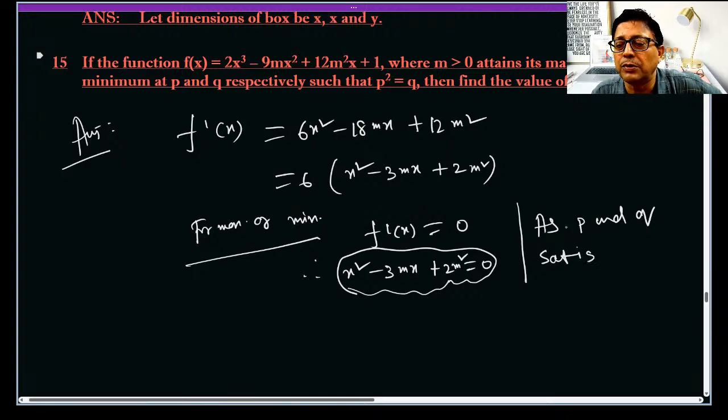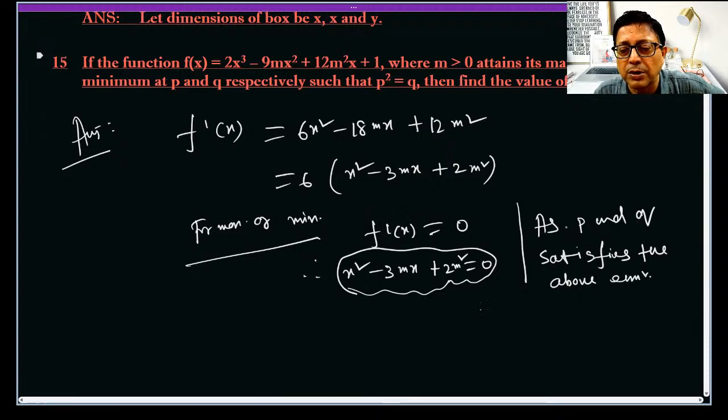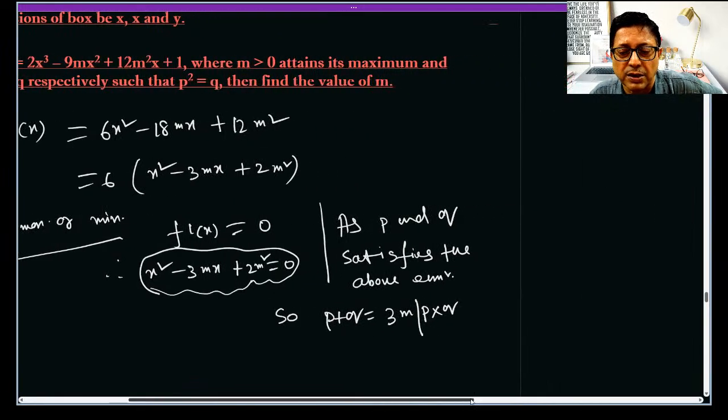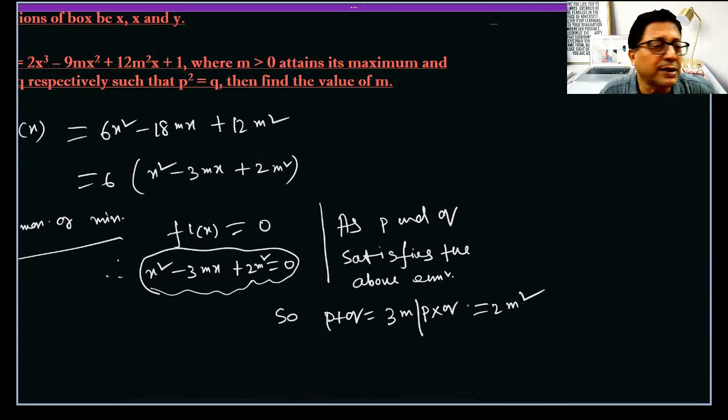Now look at this sum. As P and Q satisfy the above equation, it's a quadratic equation. So P plus Q will be what? 3m, and P into Q is what? 2m square. Isn't it? Sum of the roots and product of the roots you all know.